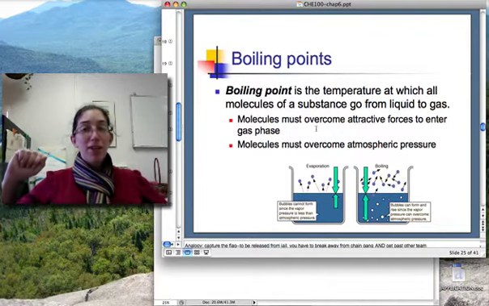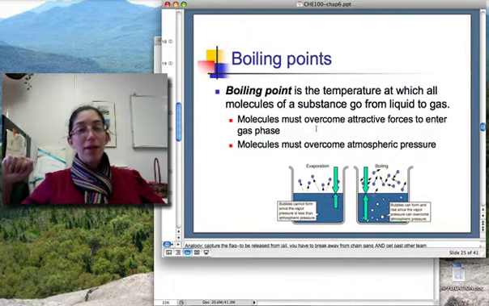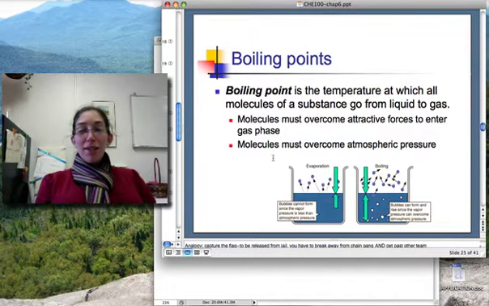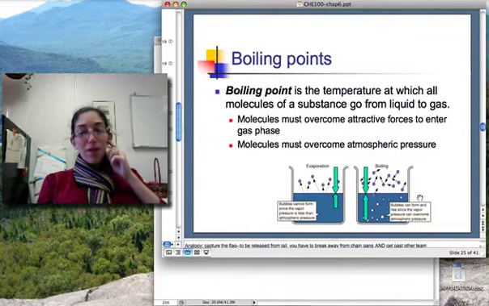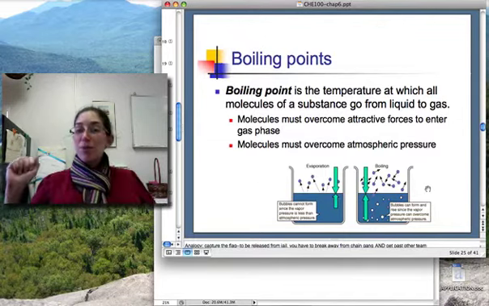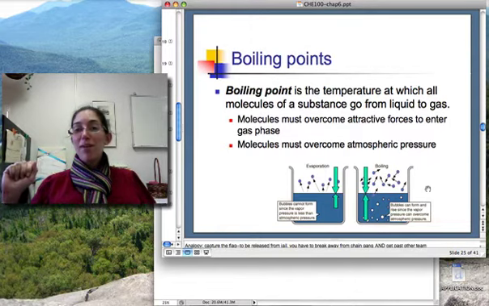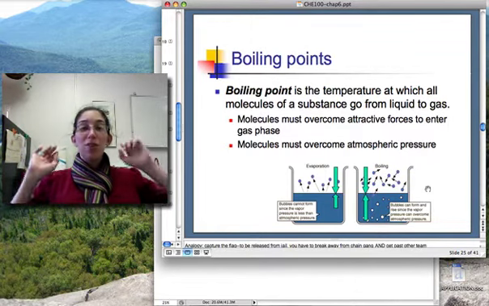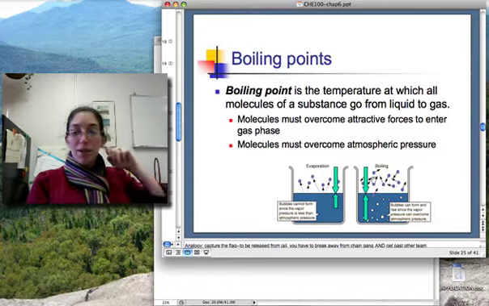So their hands, the intermolecular forces, have to be broken. Secondly, molecules have to overcome atmospheric pressure. It's not just enough for the bonds between them to be broken, they also have to have enough energy to overcome the pressure that's pushing down on them from the atmosphere.